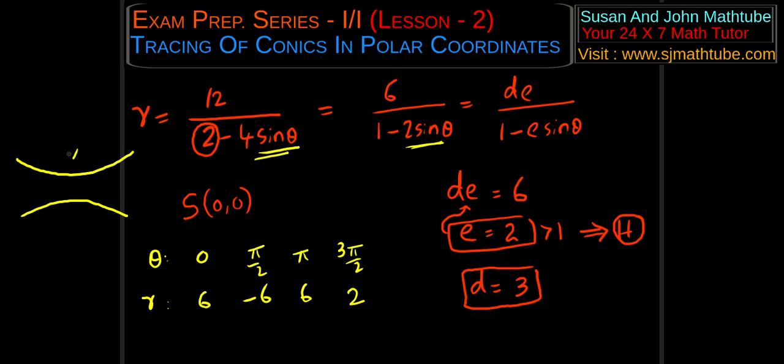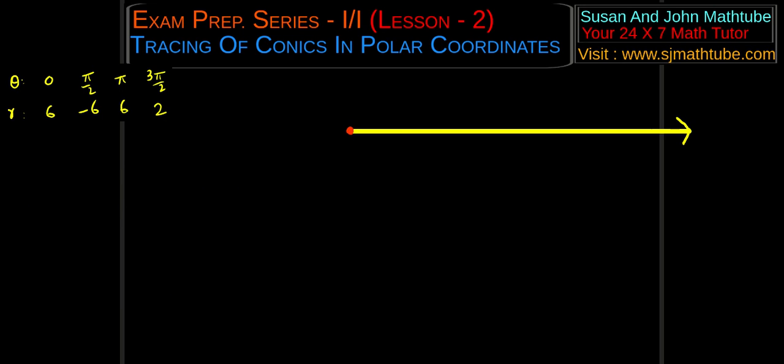And remember, the foci will be over here, the directrix over here, and the center is here, and of course the vertices are this. So let's start. Okay, so we have the pole and the initial line, and I'm so confident that I'm going to write this is one of the foci. Now let's start to plot. 0 degrees, 6 units.